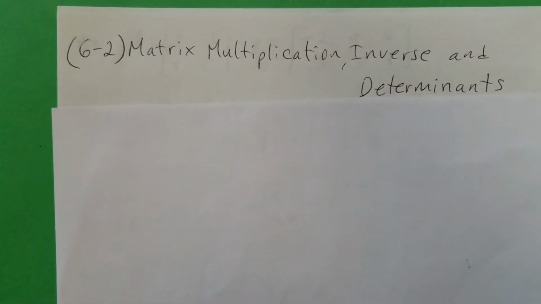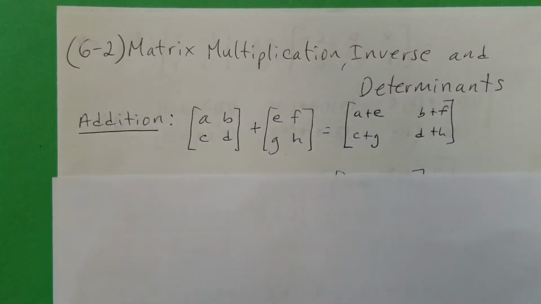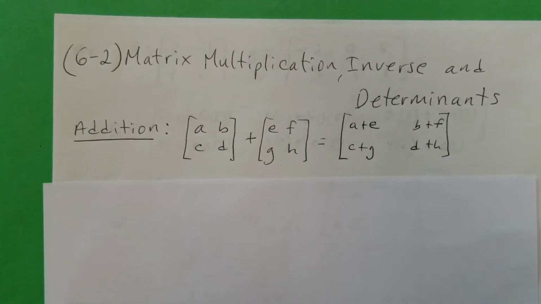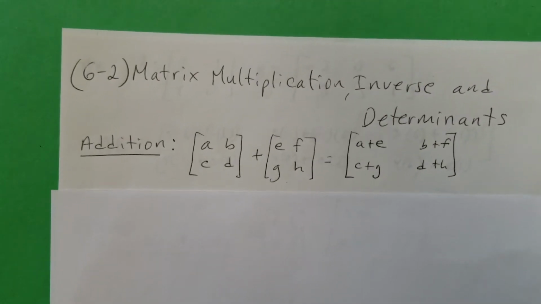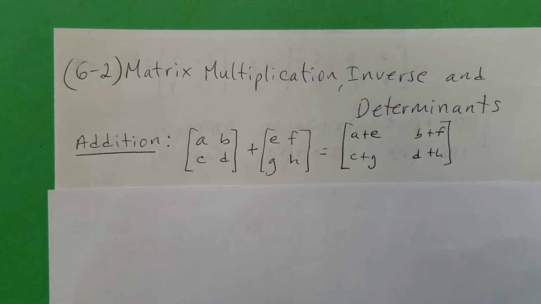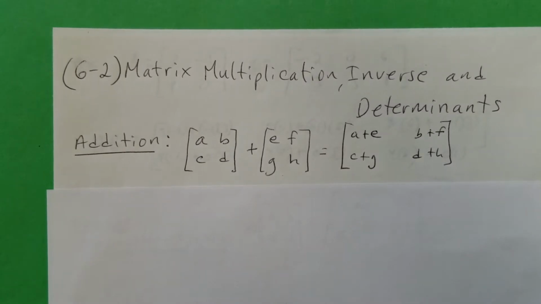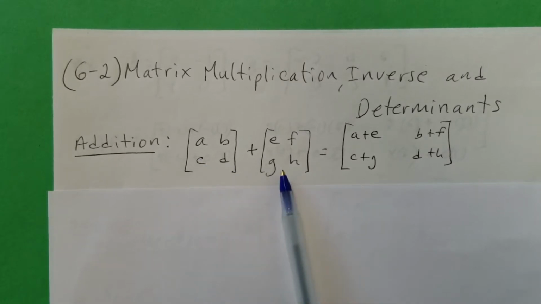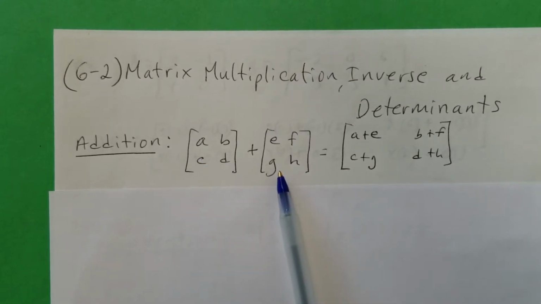Before we get to the multiplication, let's talk about addition. Addition is exactly what you think it would be. So we're not going to use numbers just yet, but if you had two matrices and you wanted to add them, you do exactly what you think you would do.